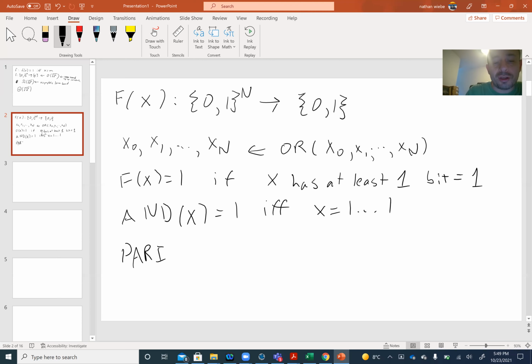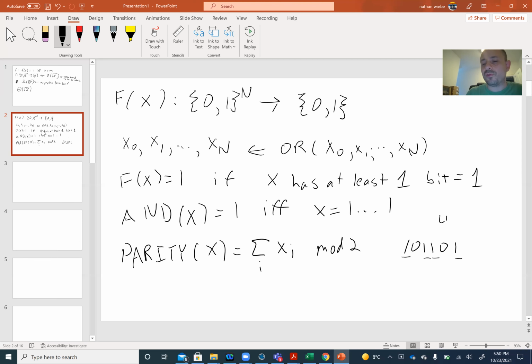The parity of a particular bit string x is just equal to the sum over i of xi mod 2. For example, the string 1, 0, 1, 1, 1 has a parity of 0, because the total number of ones is 4, which is equal to 0 mod 2. Those are some examples of decision functions that we can consider.